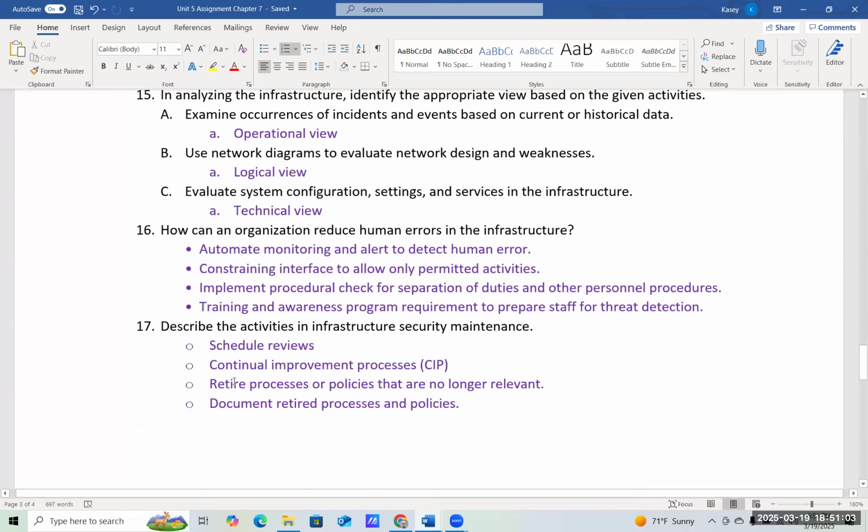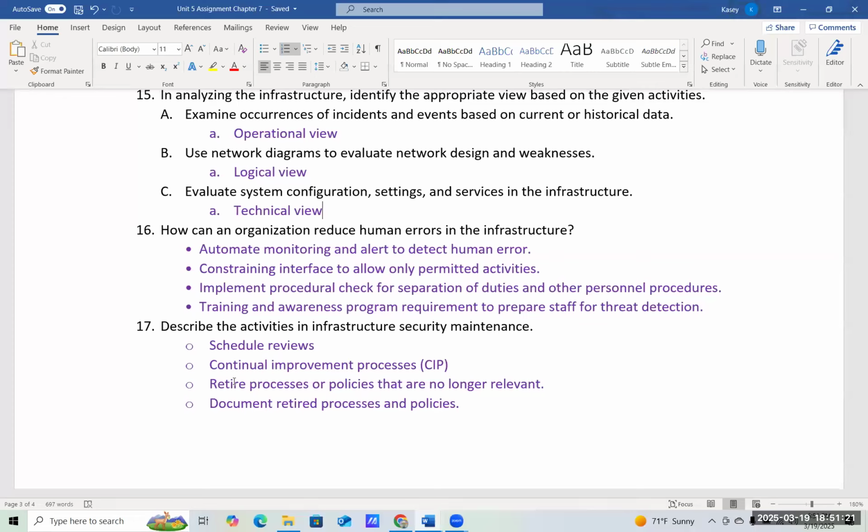And then for the activities that you want to implement for maintenance, we want to do scheduled reviews. That's really going to look at the tasks and activities that we need to perform for our security maintenance.